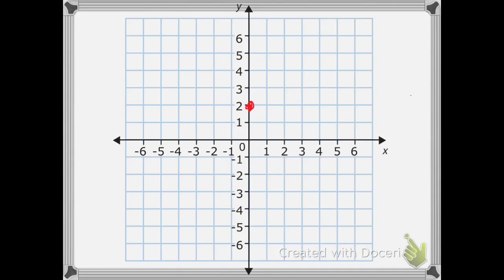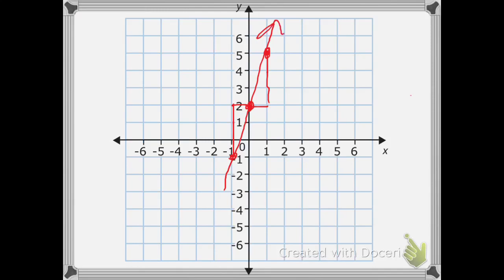So I'm going to go right 1 and up 3: 1, 2, 3. And this is where I'm going to put my second dot. You can put one the other way, you just have to go the opposite directions. So you can go left 1 and down 3, 2, 3. There'd be another dot. So here's this line here.